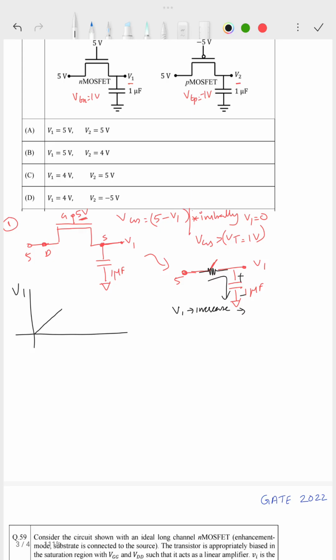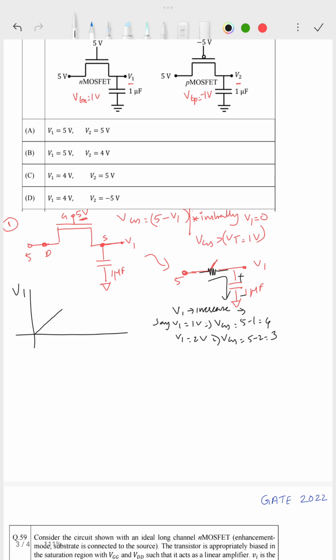When V1 is say 1 volt, what is VGS? VGS will be equal to 5 minus 1, it will be 4 volt. Now V1 is 2 volt, VGS will be equal to 5 minus 2 equal to 3. Similarly, when V1 equal to 4 volt, VGS will be equal to 5 minus 4 equal to 1 volt. So this is equal to VT.